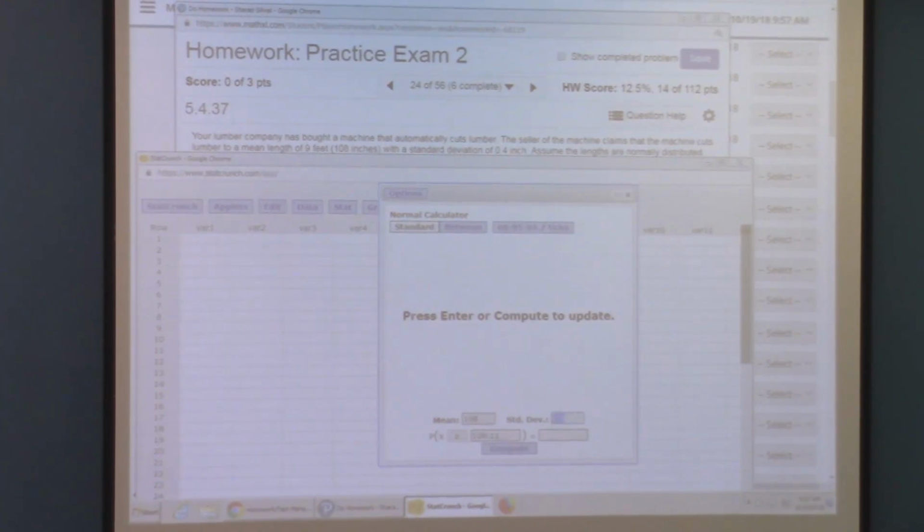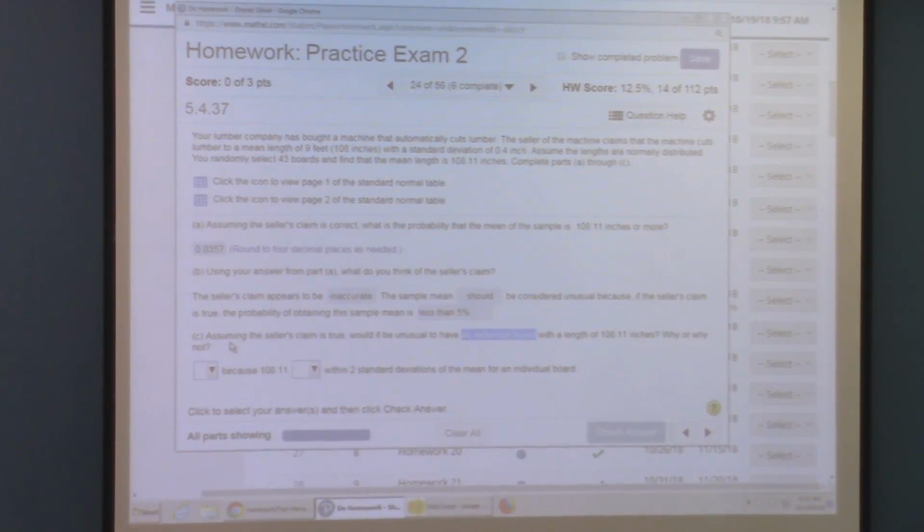It's 0.4, so we'll just use 0.4 there, in inches.